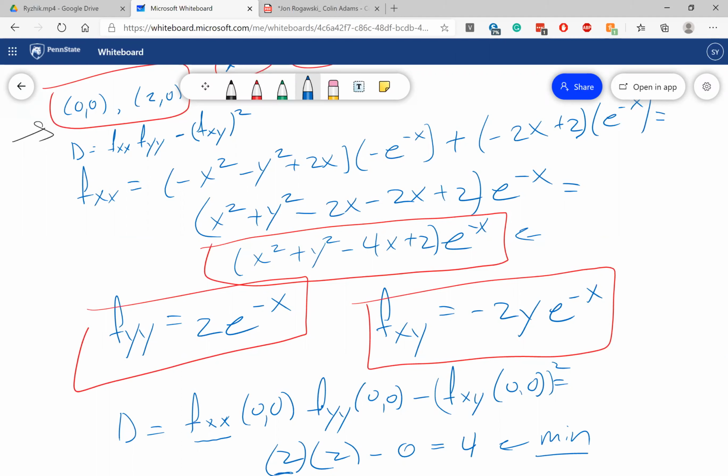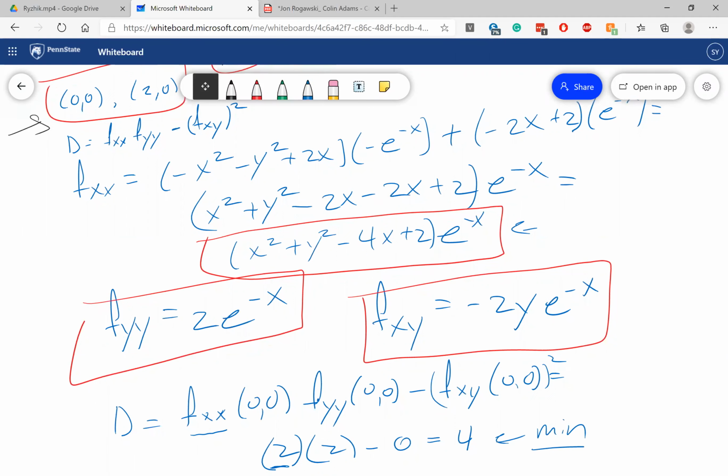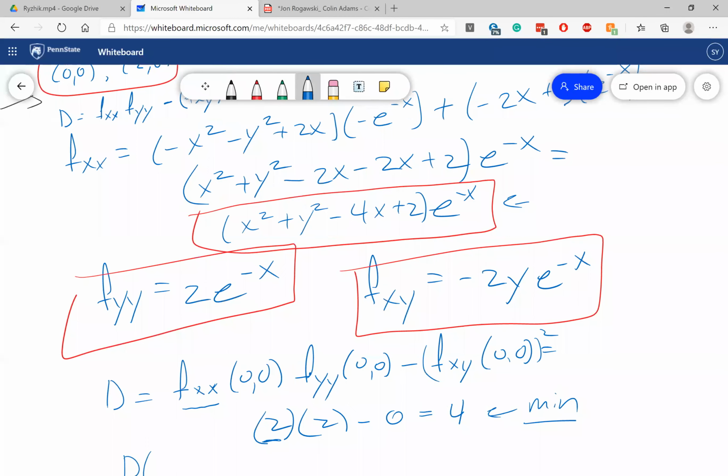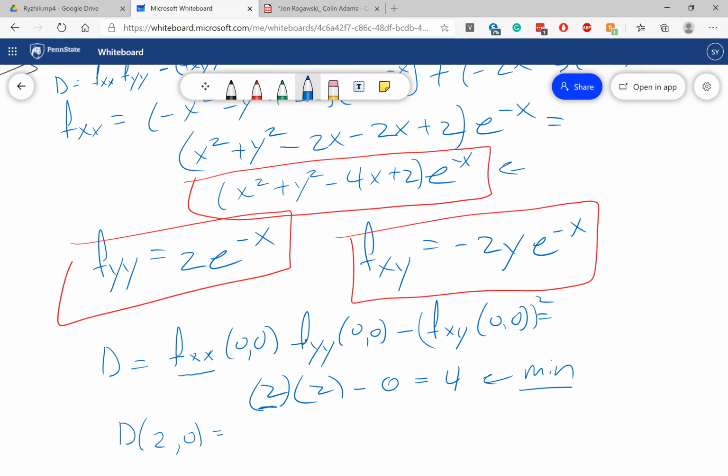Okay, let's do the second one. So for the second one, D of (2,0), right? Yeah, (2,0). D of (2,0) is going to be, one second, so we're going to have 4 minus 8 plus 2e to the negative 2, times, and what is this?